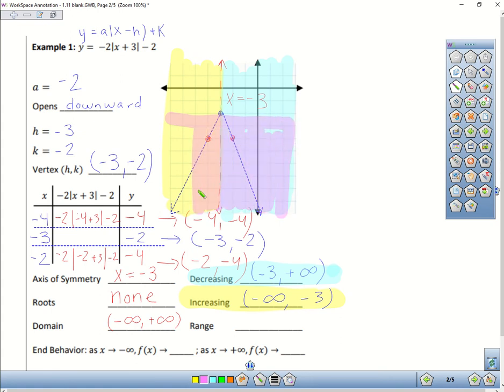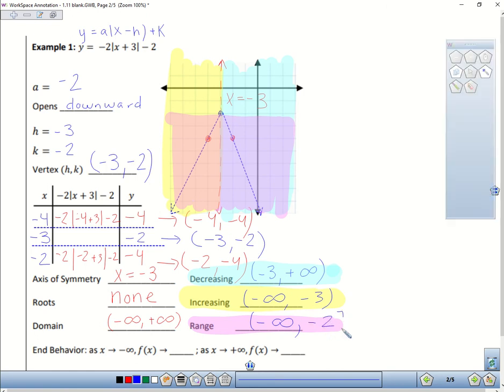So if I highlight this right here, this is where my range is occurring. Okay? And in this case, whenever you have a negative a value and your graph's flipped, your range is always going to be from negative infinity to something. Okay? Negative infinity, and it goes up to your k value. It's always included. Okay?